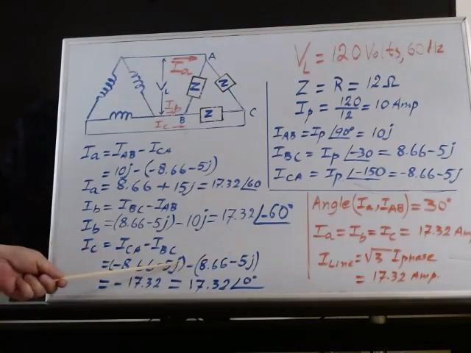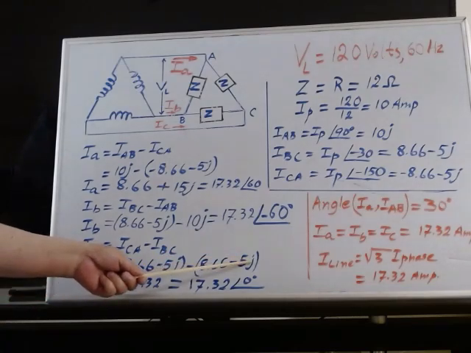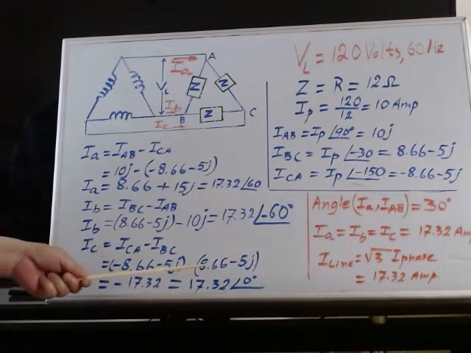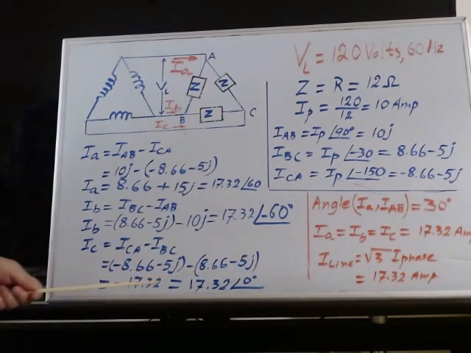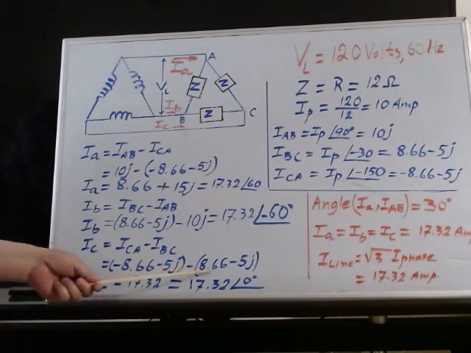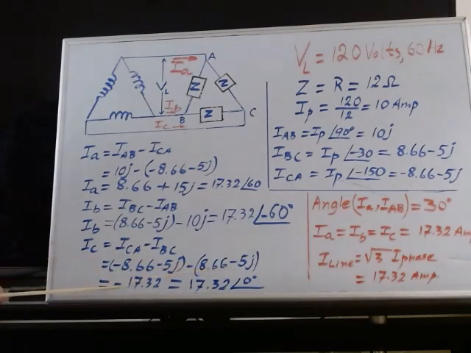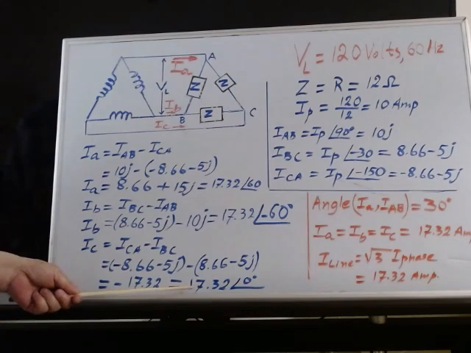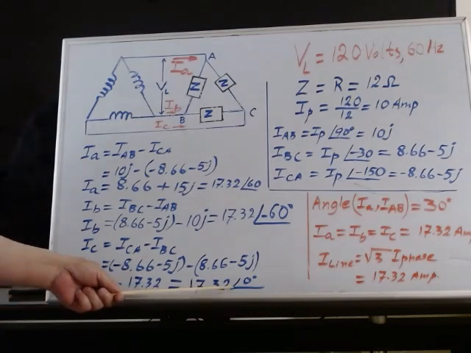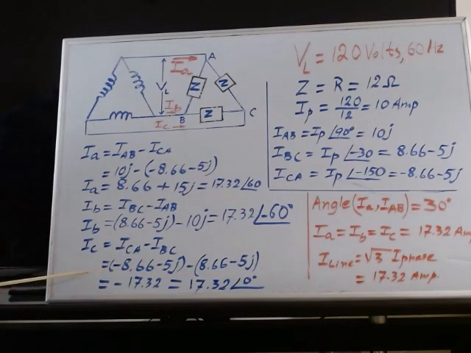So the J terms cancel. It remains minus 8.66 minus 8.66, that is minus 17.32, and that is 17.32 with an angle of 0 degrees for IC.